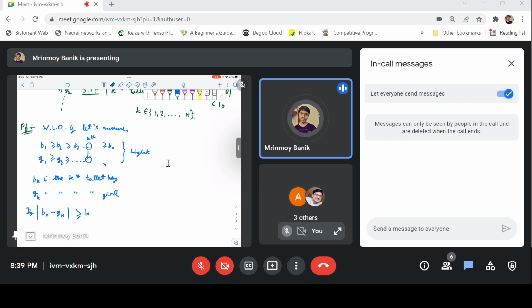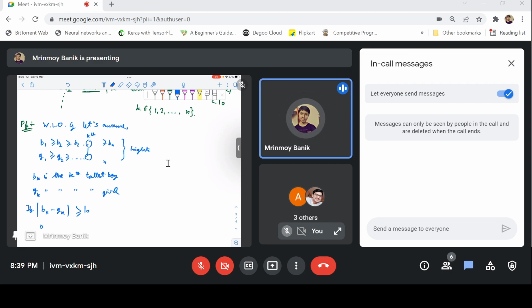We can even assume further that the boy is taller, so BK minus GK is greater than or equal to 10.